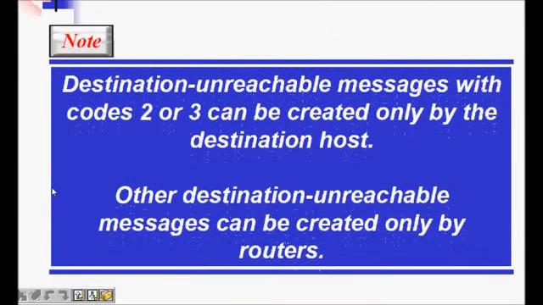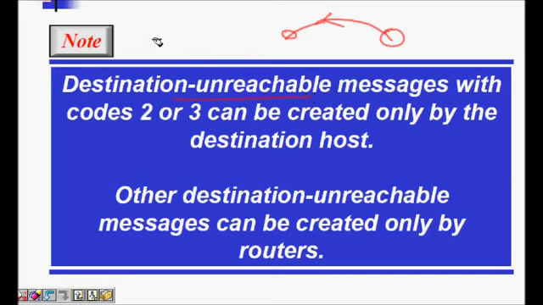You see, destination unreachable messages with codes 2 and 3 can be created only by the destination host. So destination unreachable can be sent by the destination itself. For some reason, if the destination doesn't want to process any of the messages, it will just send a reply to the source saying that the destination is unreachable.